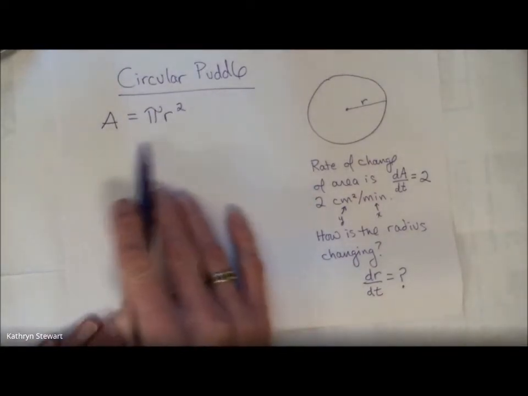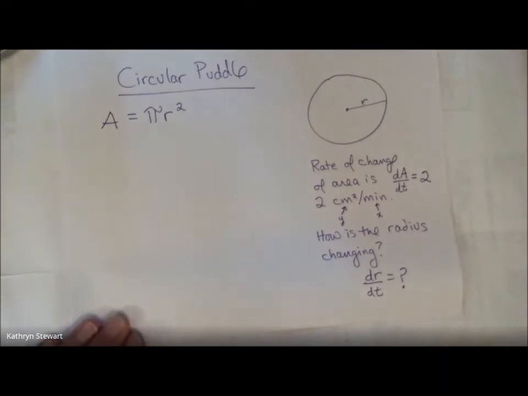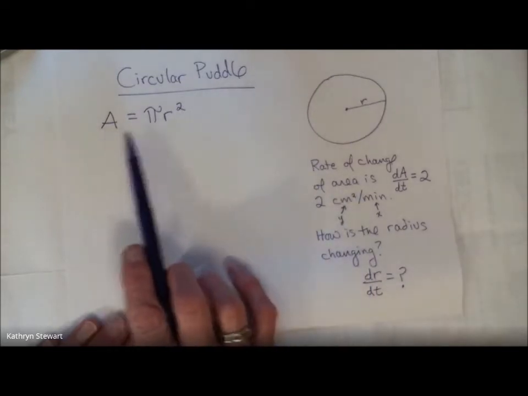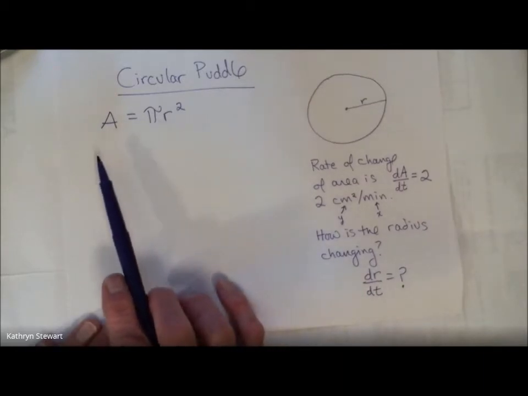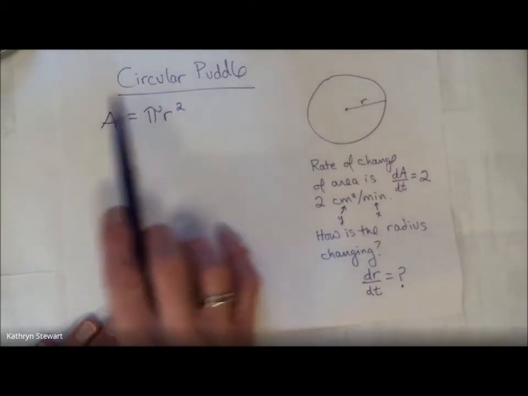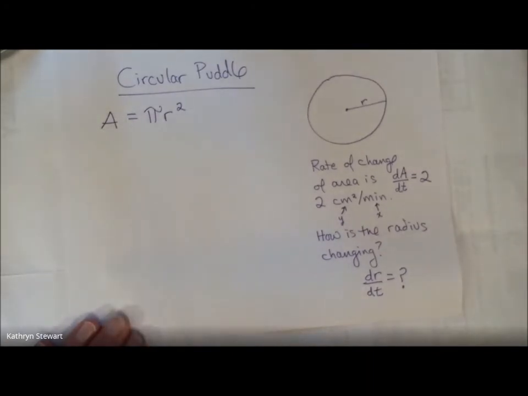So I have an equation that relates the area and the radius. Now I want an equation that's going to give me a relationship between the rate of change of the area and the rate of change of the radius. In other words, an equation that gives me a relationship between the derivatives of area and radius. Pause the video and see if you have any ideas.